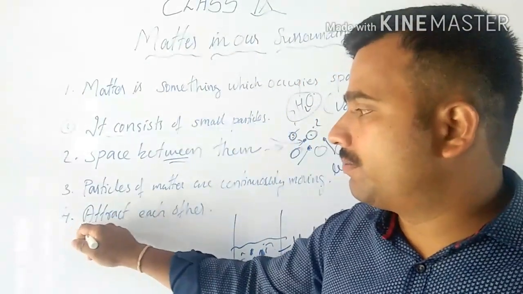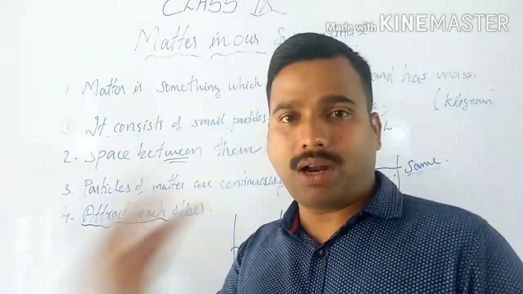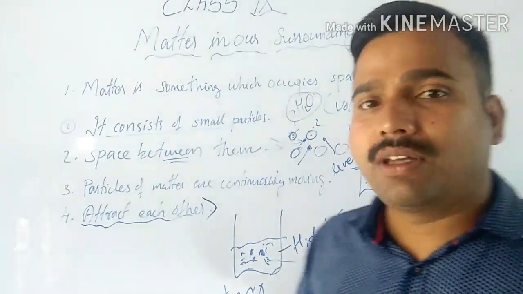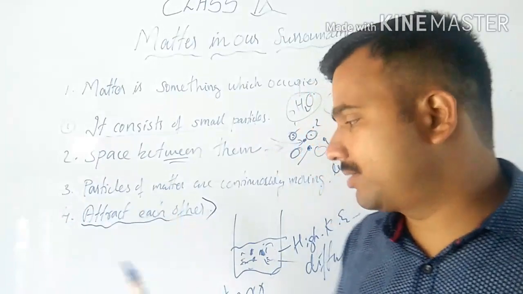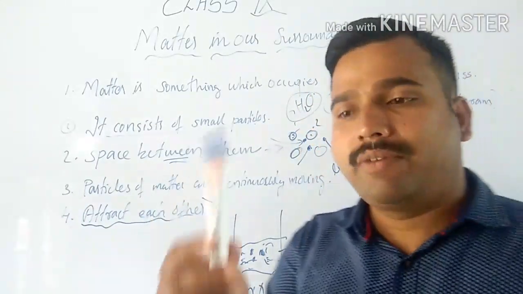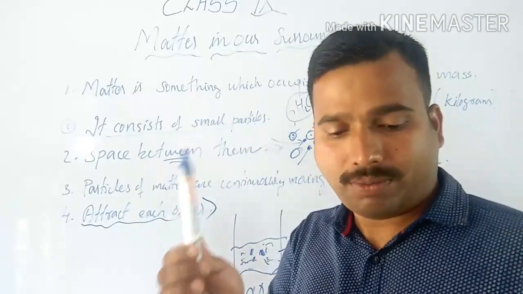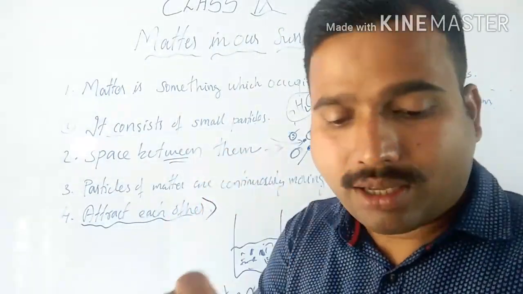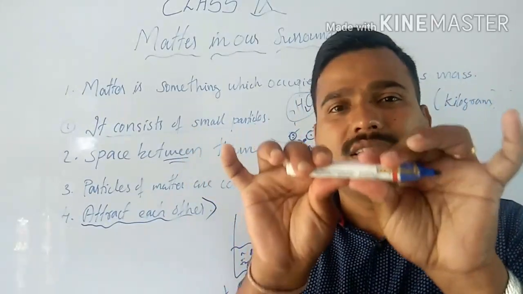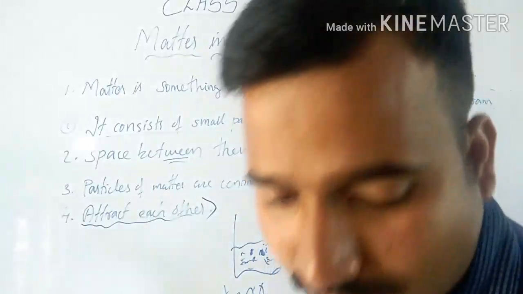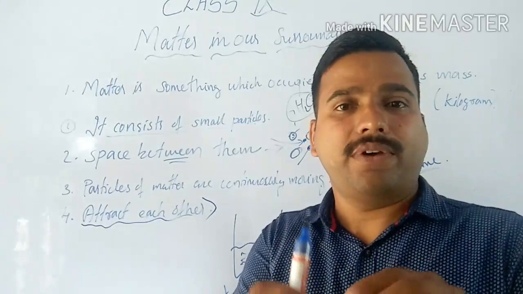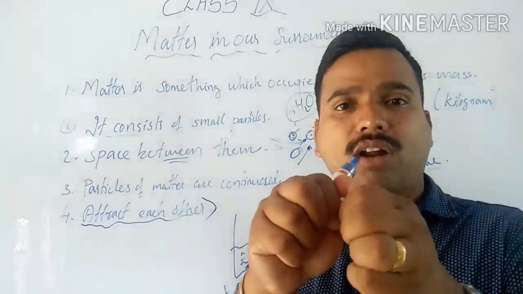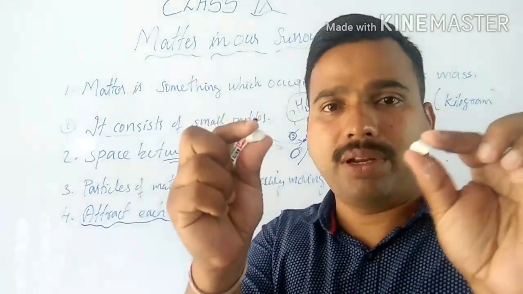And the fourth property: the particles of matter attract each other. Let us take an example. If you take a particular solid object and apply force, you will find it difficult to break. At the same time, if you take a small chalk piece and apply a small amount of force, it will break into two.